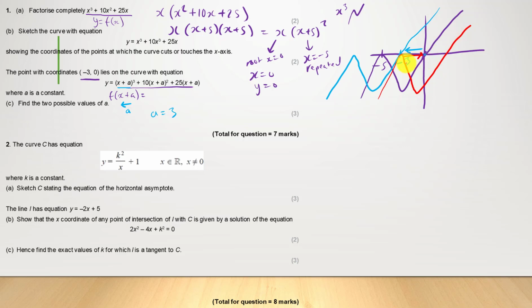So from here to here is going to the right 2. Right, so it's going to the right 2, then that means a could also equal minus 2. And hopefully that should make sense.